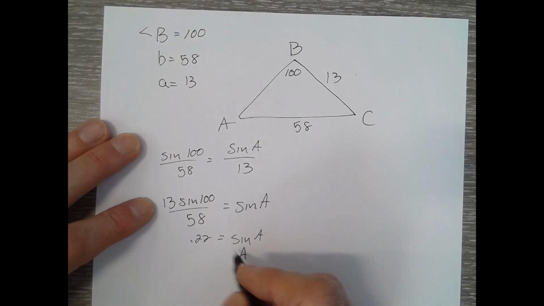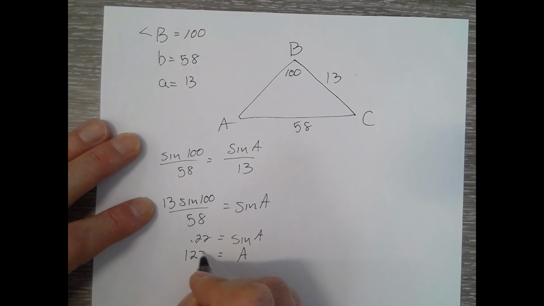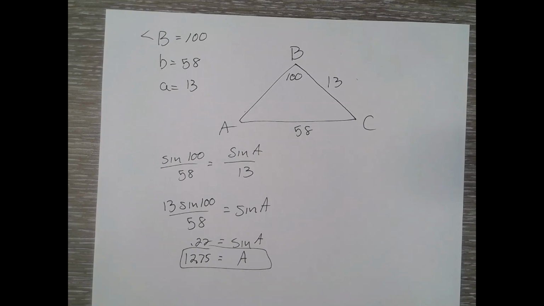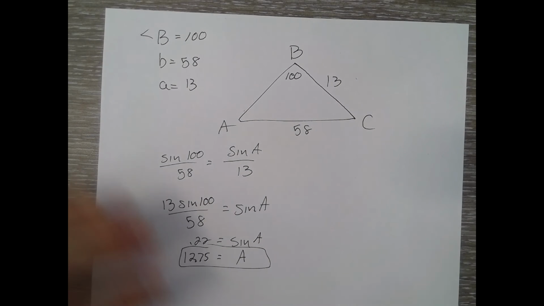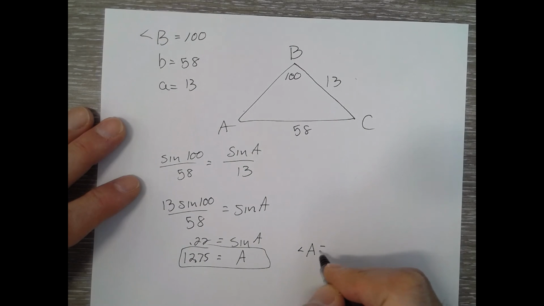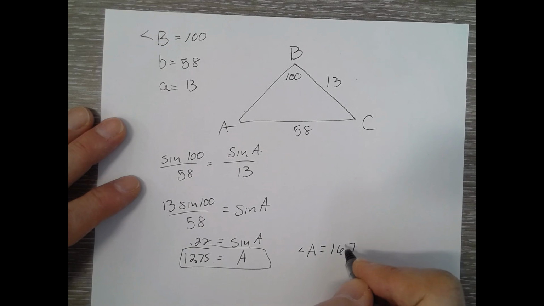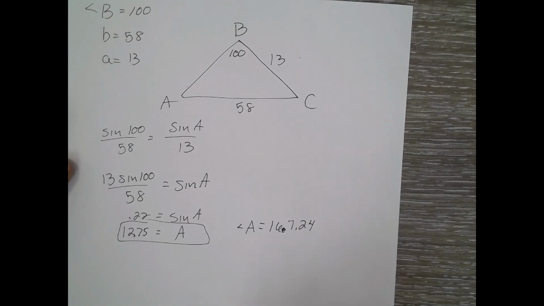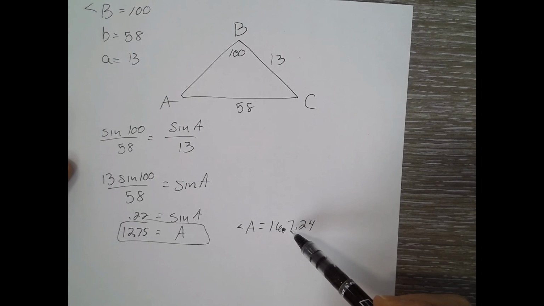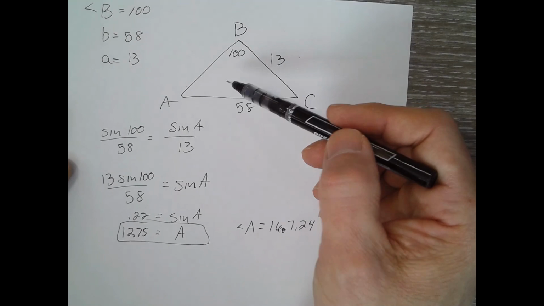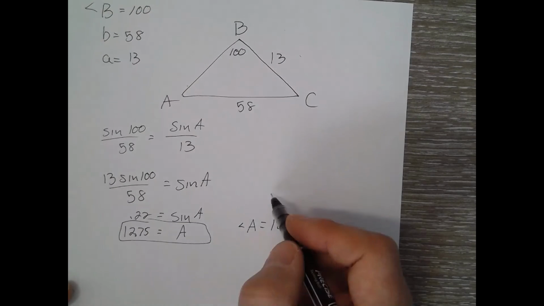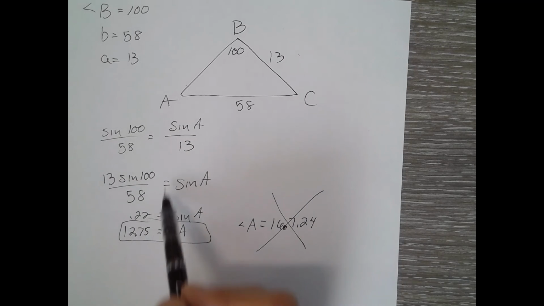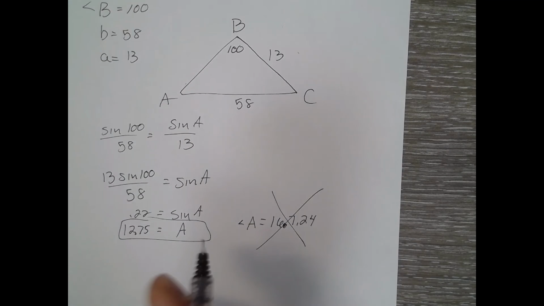So A equals 12.75. That's one option for A. The other option for A would be 180 minus that, which is 167.24. That would be a triangle with 167 degrees plus the 100 degrees, way beyond 180, so the second triangle is not going to work here. You would just move forward knowing that A is 12.75 degrees, and you can finish the triangle.